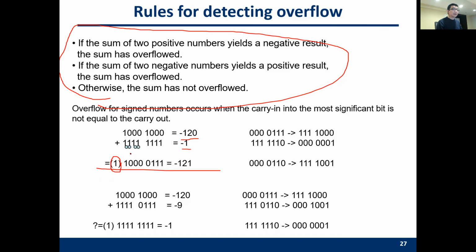So in this case, we are fine. There's no overflow. But for this example, the carry out is 1, but the carry in is 0. When there's no carry in, so carry in is 0, 1 XOR 0, we got a 1. So overflow happened. So you can review these two examples yourself.